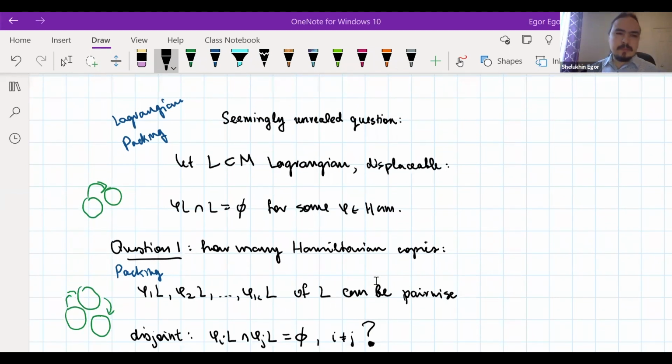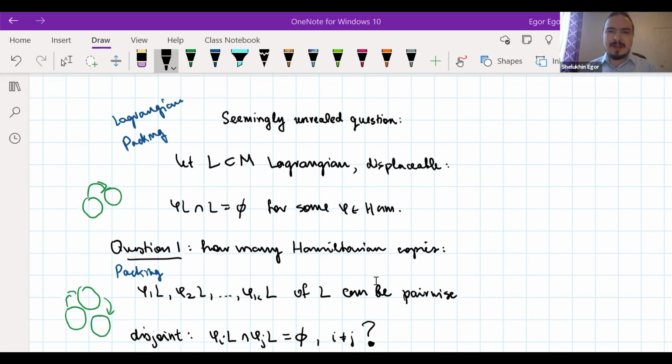But now I'd like to talk about yet another question in 4 dimensions, that of Lagrangian packing, which is a seemingly unrelated question. We take a Lagrangian L in M that is displaceable.